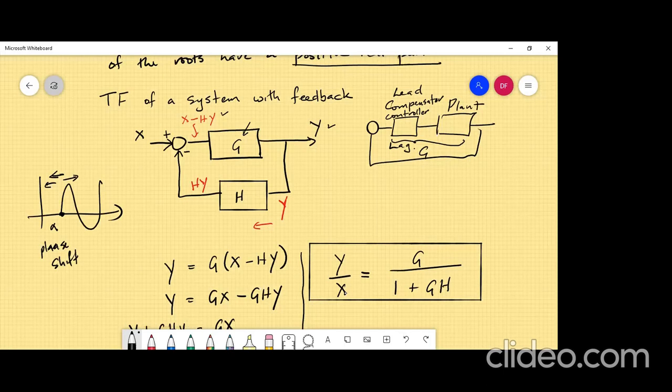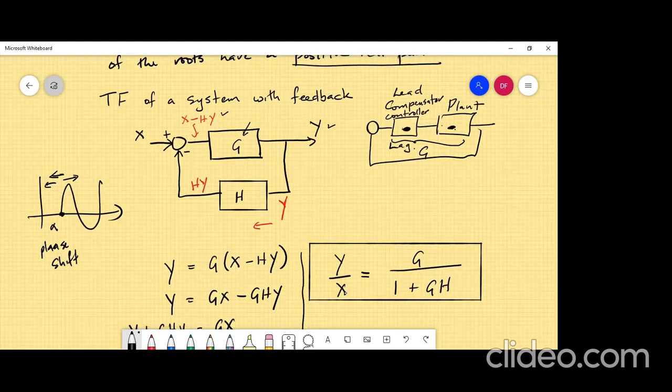Bear in mind that if you take a controller and add it to the plant, we're going to multiply the two together. So controller and plant is going to change the transfer function of the system.